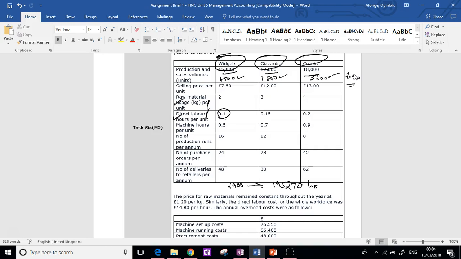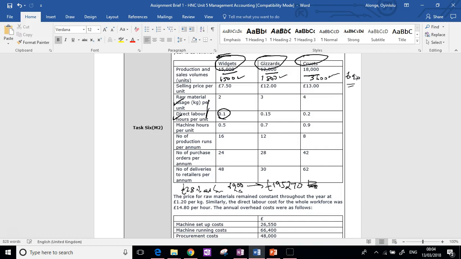And so the argument is, what is the value of 1 hour? All I have to do is divide 195,270 by 6,900 hours, and I have 28.3. So if I was buying an overhead hour, I'd be paying £28.30 an hour.